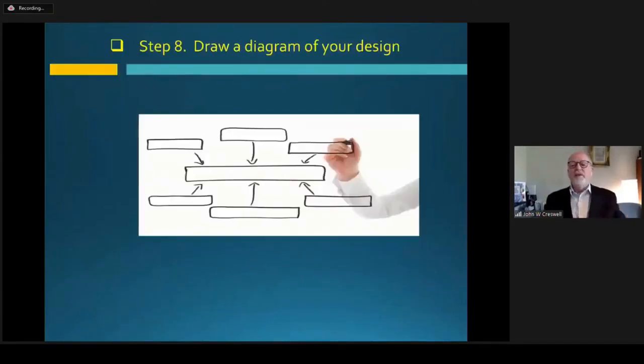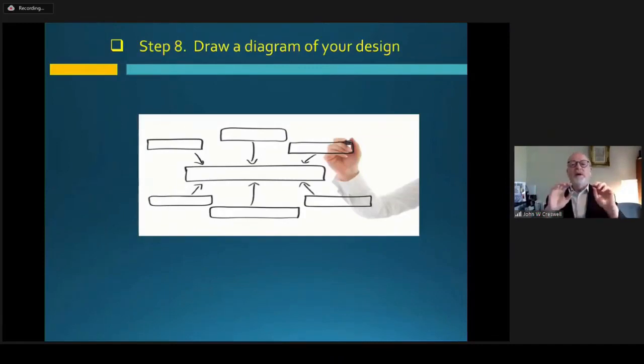The next thing I would have you do is draw a picture of your design. These started almost 15 years ago in the mixed methods field. At the National Institute of Health, people were interested in mixed methods, but they said the projects are so complex, John, that I can't understand what's going on.